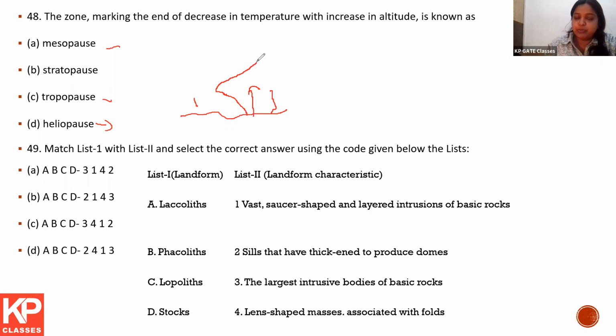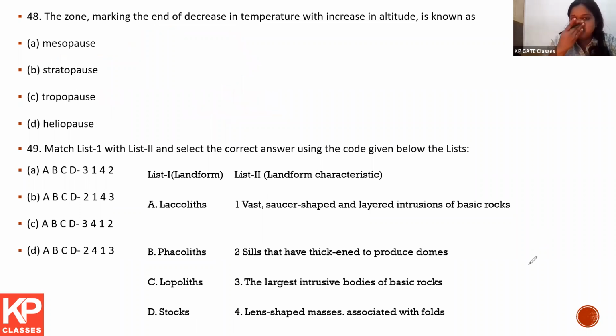Then at the stratopause this diminishes and it becomes the mesosphere. Again, with increase in altitude, temperature decreases. So in both the mesopause and tropopause, with increase in altitude, temperature decreases. But the mesopause is the last zone where this decrease in temperature with increase in altitude completely ends.